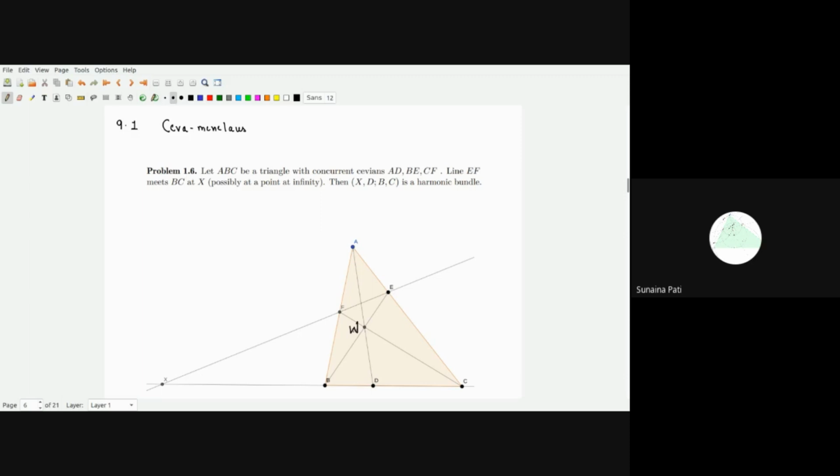It's called Ceva-Menelaus for a reason. Think about how you will use Ceva and how you will use Menelaus, and when you get the two nice equations, what will you do? That is what I'll give as a hint.